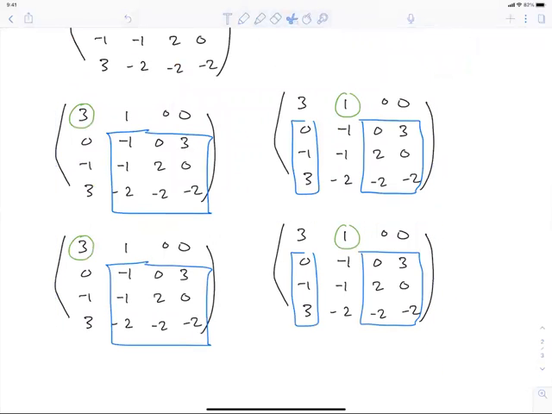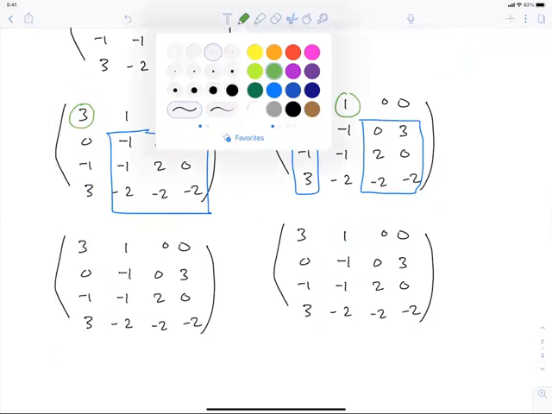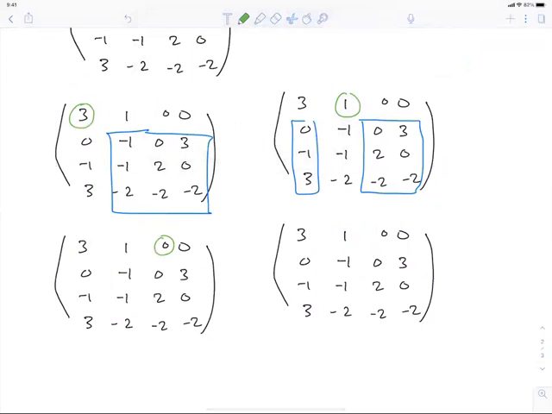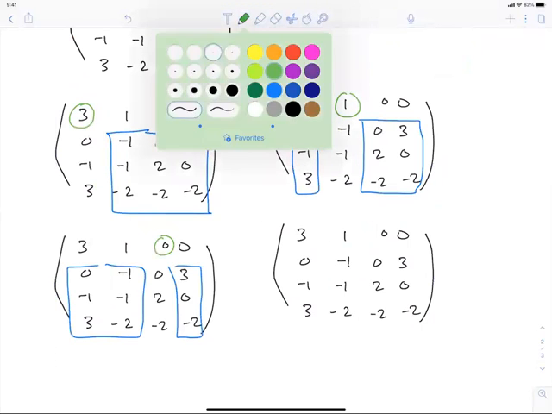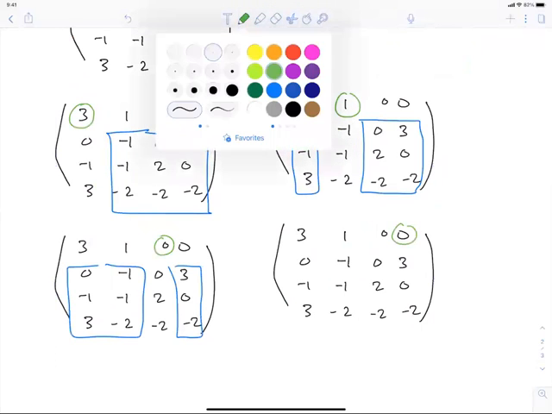So for example, the next one is the 0 right here, and the corresponding minor is just going to be that one. And finally, we have the last one.